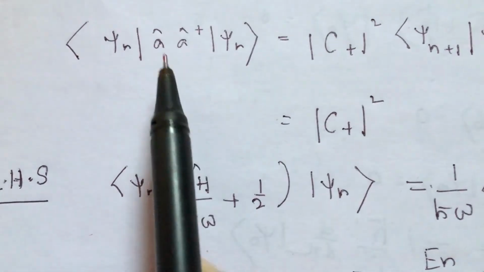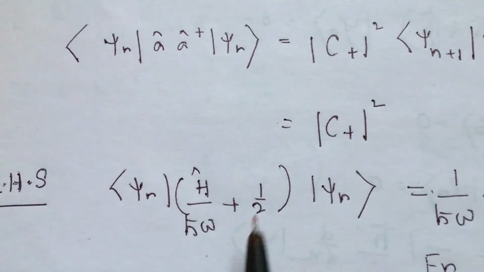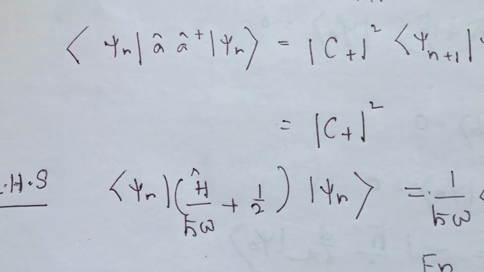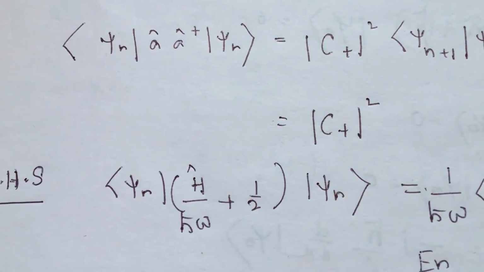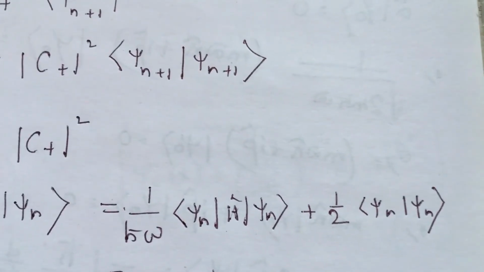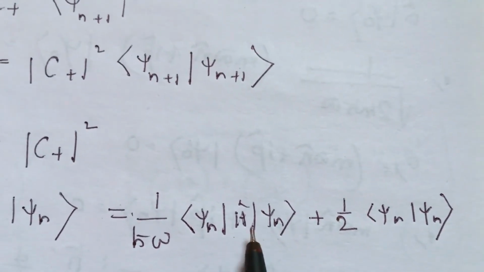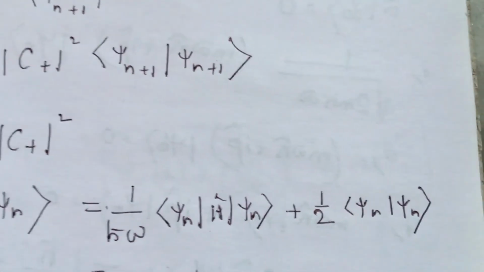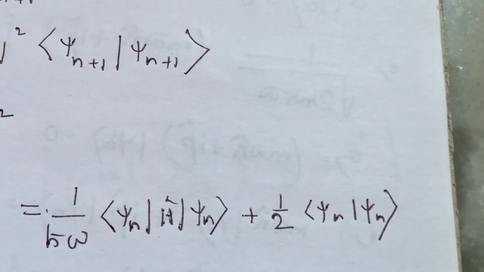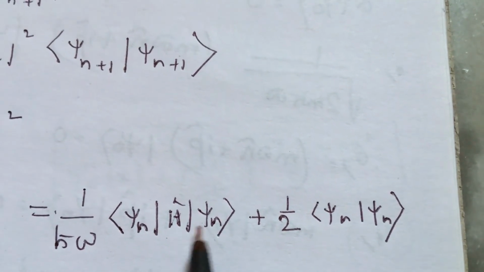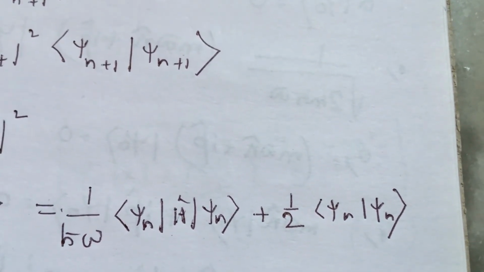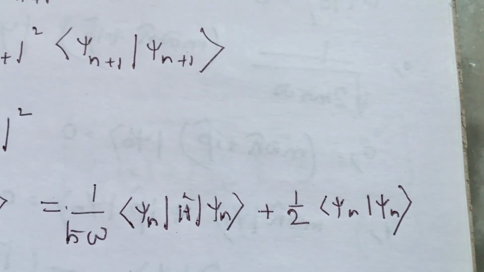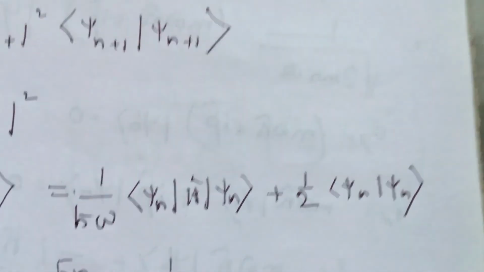So on the left hand side, in place of a a dagger, I will use this equation. I will split the two terms, and here I will apply the eigenvalue equation of the Hamiltonian. It's H psi n equal to E psi n. E will be taken outside. Psi n psi n must be equal to 1 because psi n's are normalized.